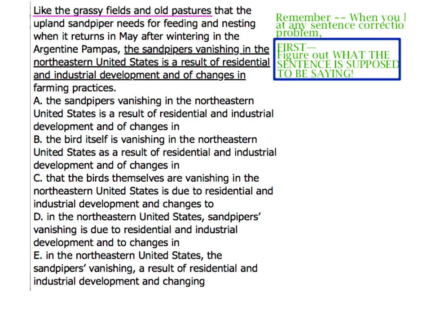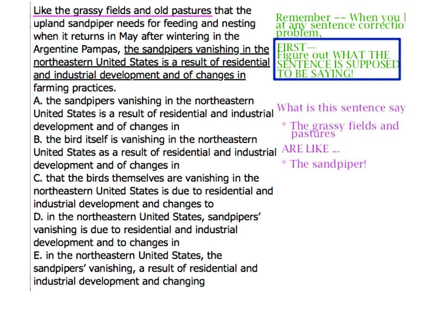So what is this sentence saying? It's saying the grassy fields and pastures are like the sandpiper itself.